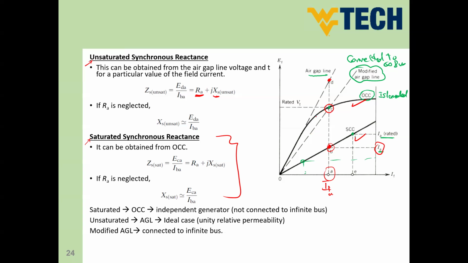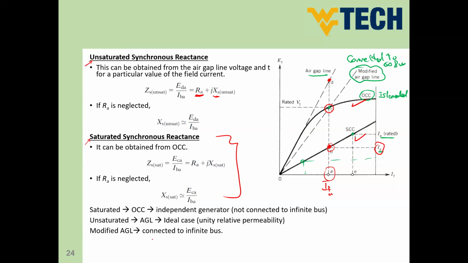Also, in the questions, if you find the expression that the generator is disconnected from the infinite bus, this means it's islanded mode, so you can still use the open circuit characteristic. For the unsaturated curve, the air gap line, this is the ideal case, and it is only used for the unsaturated impedance identification.